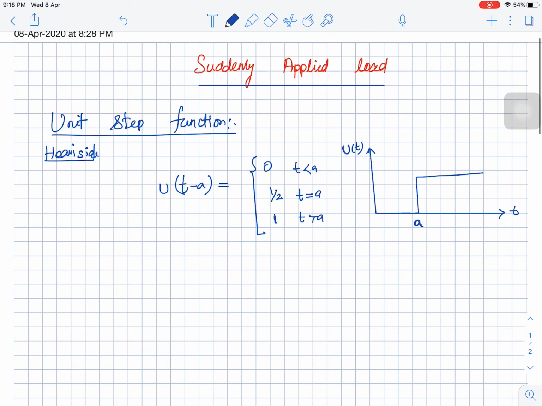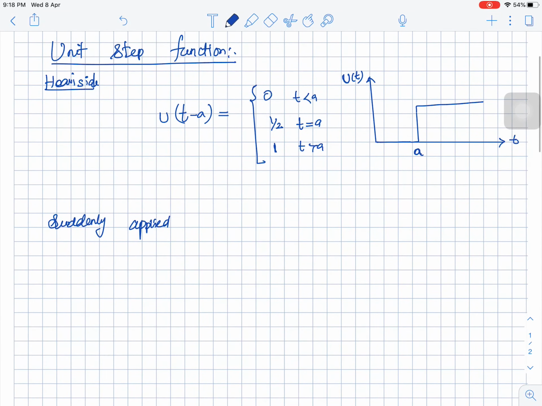So what is suddenly applied load? We are applying the load like this, a load of f naught with this unit step function. So this becomes f naught when t is greater than a, f naught by 2 when t is equal to a, and 0 before applying.